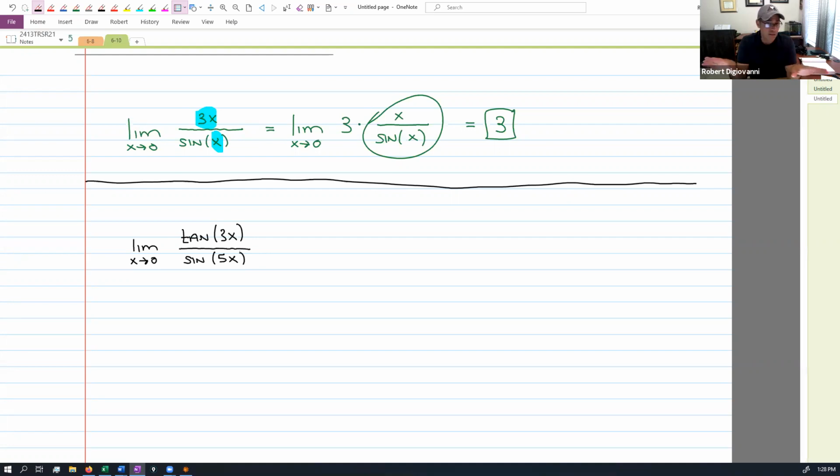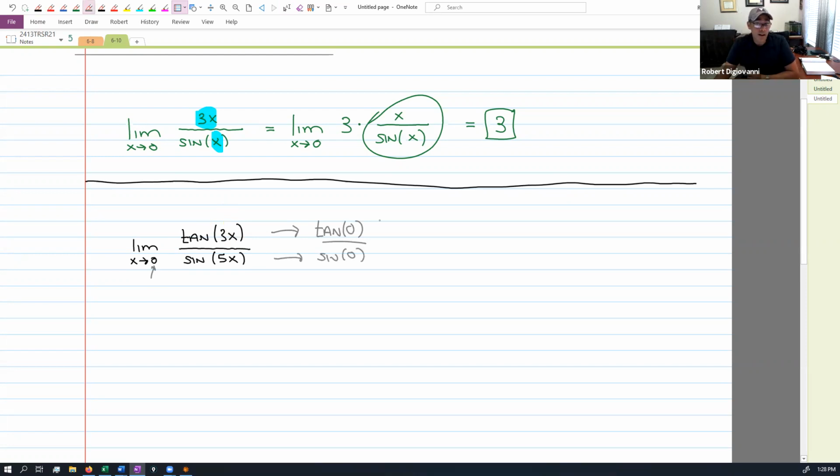But with any limit, the first step is to always just check to see what's happening. So I would like us right now to figure out what happens if we let x go to 0. If we let x go to 0, 3 times 0 is 0, right? So the top is headed towards tangent of 0, and the bottom is headed towards sine of 0.